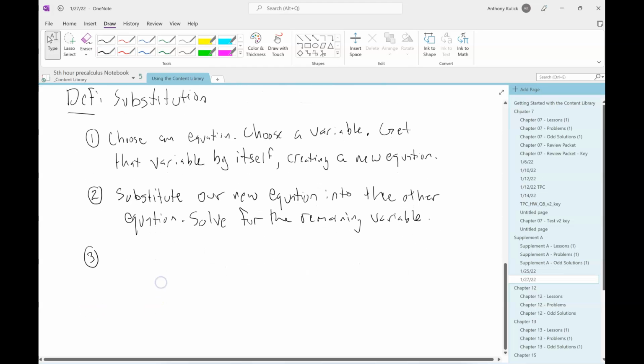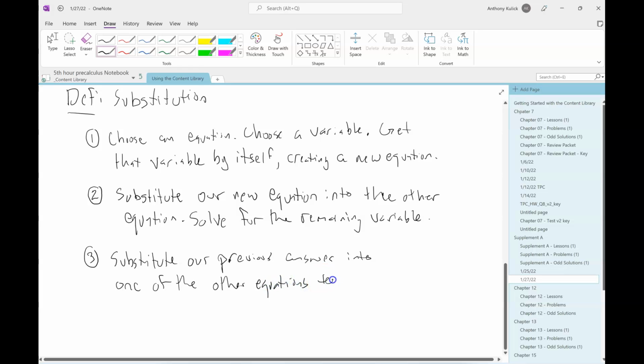And then our last piece is, maybe I should say, substitute our previous answer into one of the other equations to solve for the next variable.